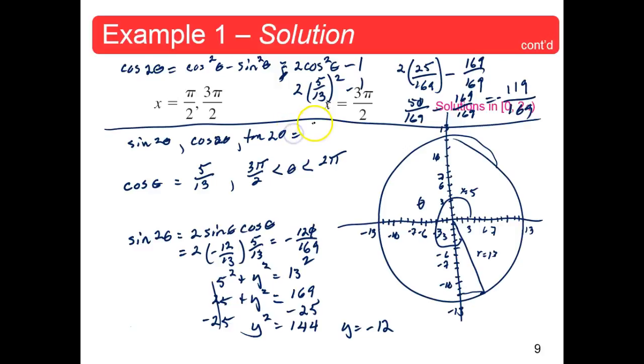Tangent 2 theta is sine 2 theta over cosine 2 theta. And what was my sine 2 theta? Negative 120 over 169, over the cosine 2 theta, which was negative 119 over 169.